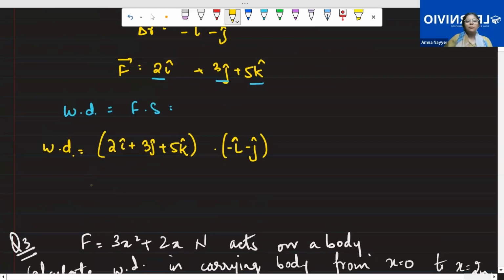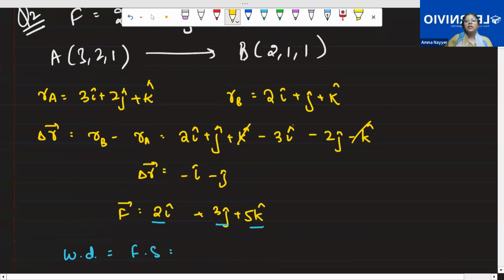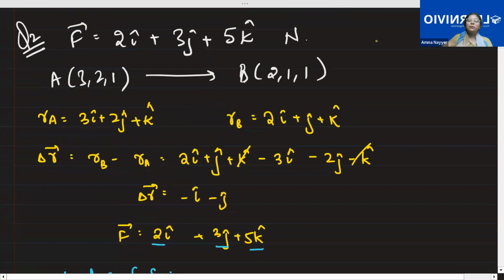When you multiply, 2 into minus 1 is minus 2, 3 into minus 1 is minus 3, plus 5 into 0 is 0. So this will be simply minus 2 minus 3, that is minus 5 joules. This will be the work done. Because this is in Cartesian form, we were able to calculate. Now we will discuss the variable force. But first copy down this part, both of you.